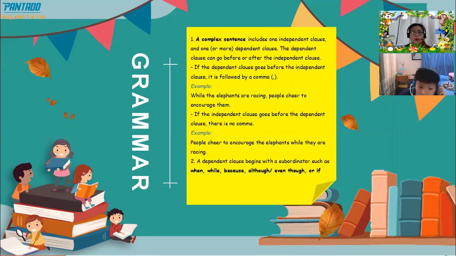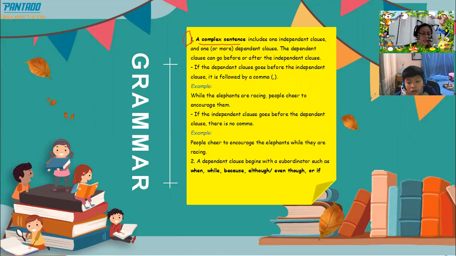Okay, so for this afternoon, let's have a discussion. This is the grammar part for this unit, and it talks about a complex sentence. Are you familiar with complex sentence? Have you studied that one yet? Not yet. I think yes.